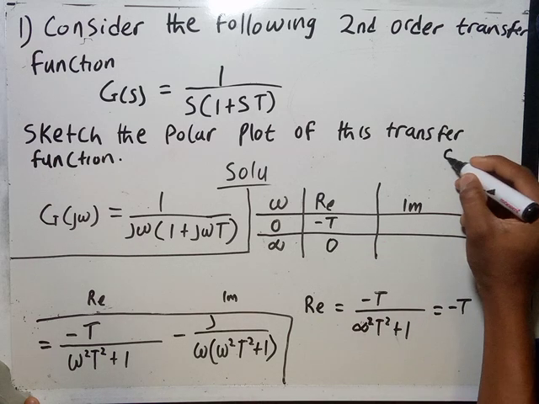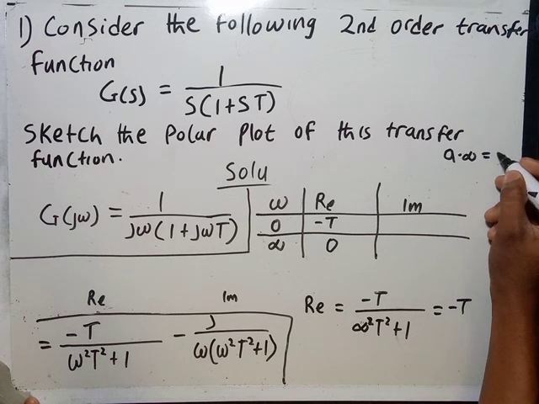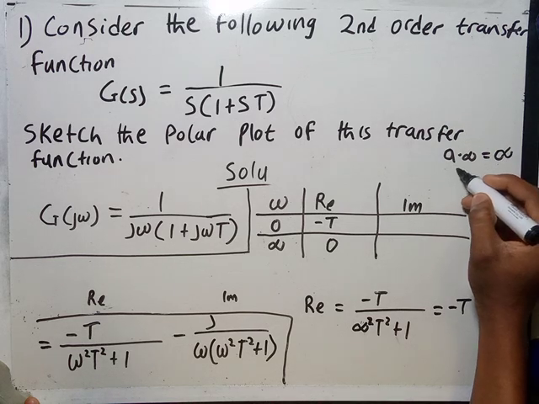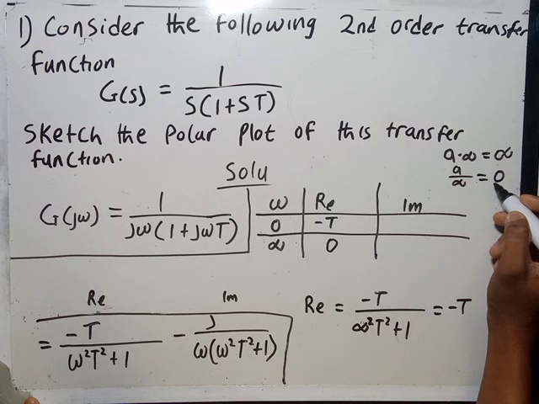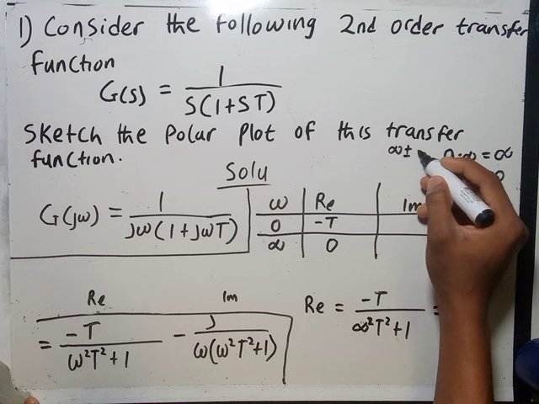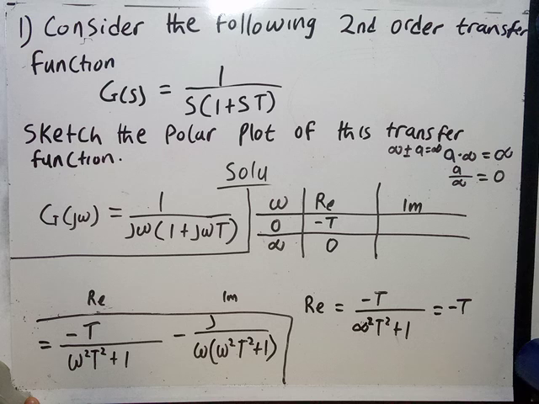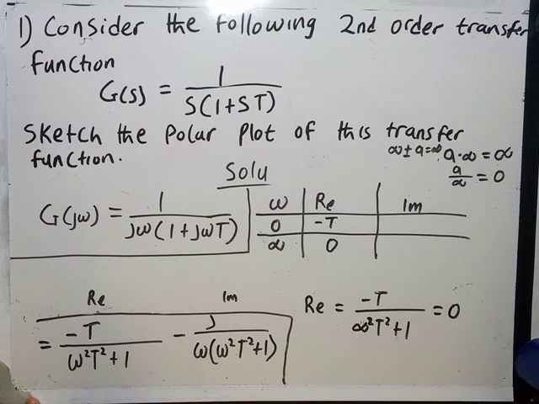Remember, a number a multiplied by infinity definitely gives infinity, but a over infinity is definitely 0. Infinity plus or minus any number, say a, will still give us infinity. So for the infinity case, we are getting our answer to be 0.